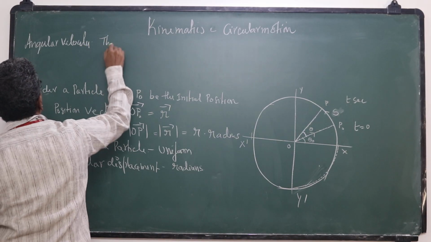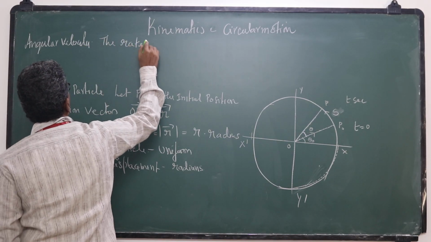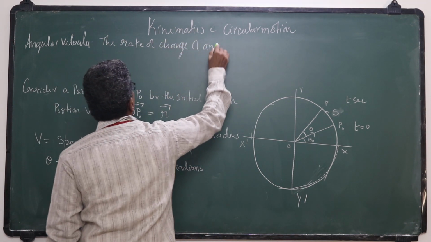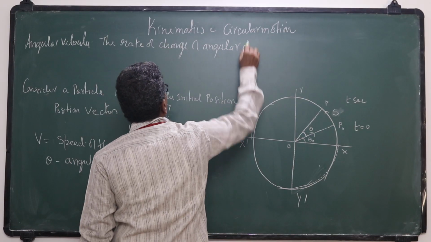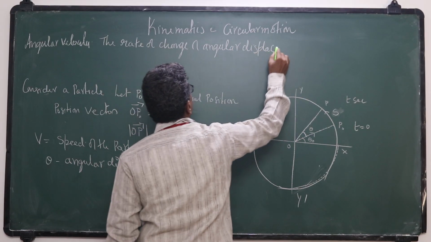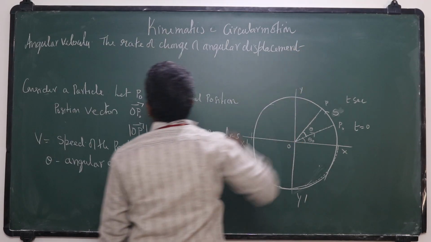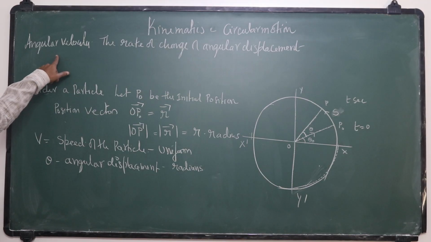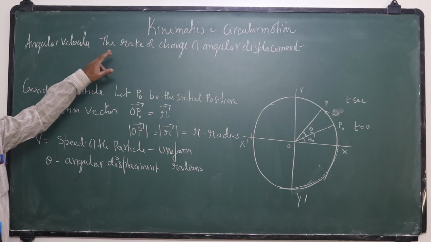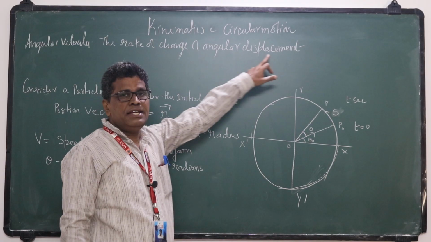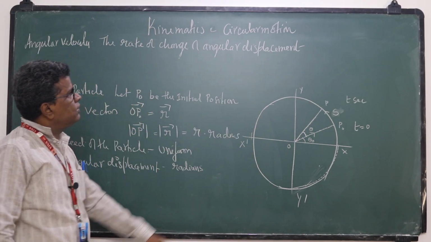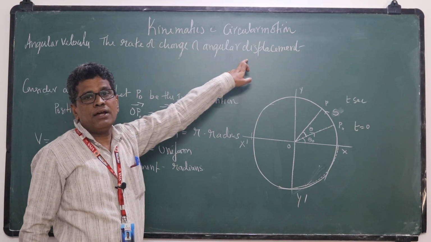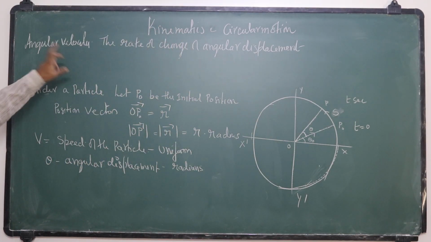So what is angular velocity? The rate of change of angular displacement. Just as I defined linear velocity as the rate of change of linear displacement, when a body moves in a circular path, we use angular displacement and angular velocity.